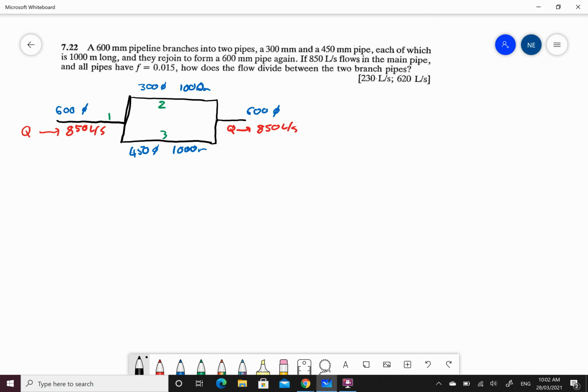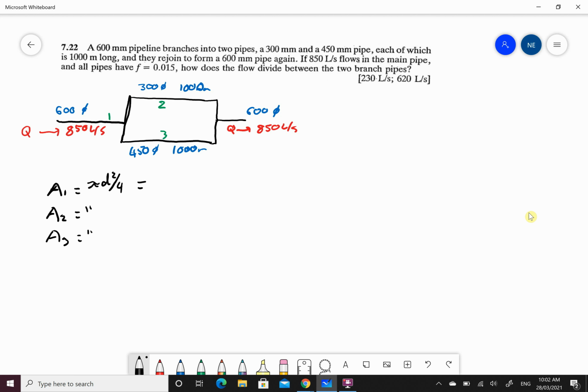Work out the flow in pipe 2 and pipe 3. Alright, so let's start. Let's calculate all of our areas first: area for pipe 1, area for pipe 2, area for pipe 3, pi d squared on 4, and so on and so forth.